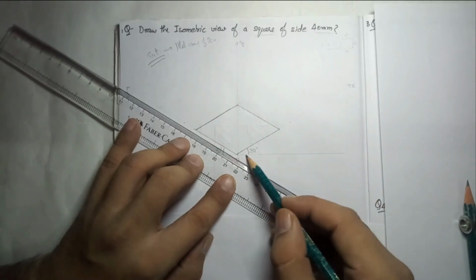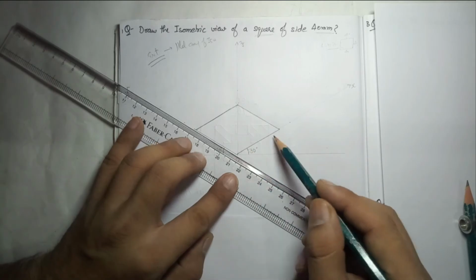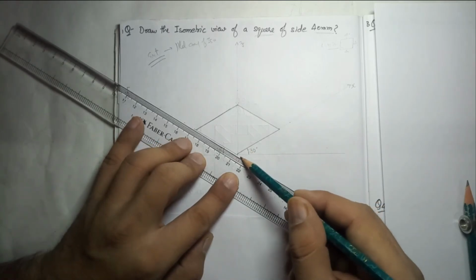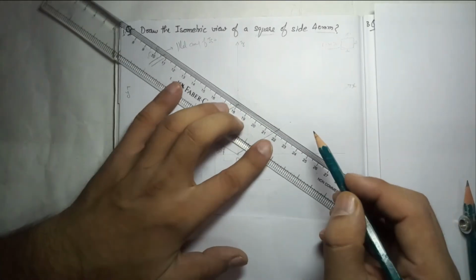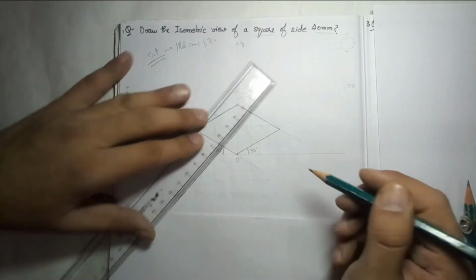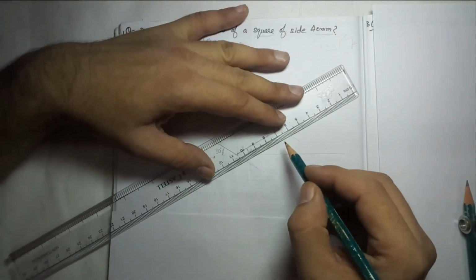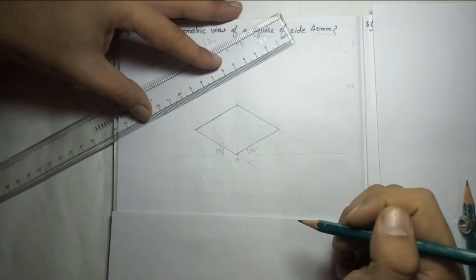Let's say I want to give this dimension. In orthography you took it perpendicular to the length, but now you take it parallel to OY, and the same rule applies, a 10 mm gap between the object line and the dimension line.